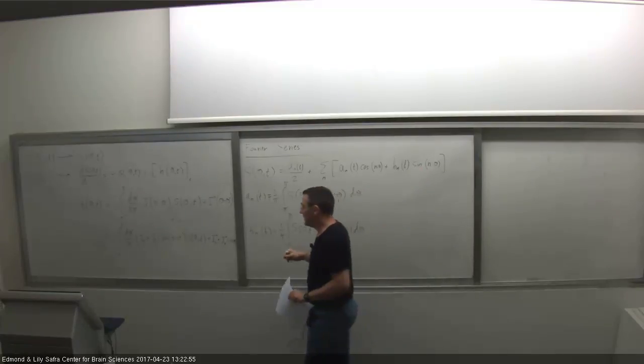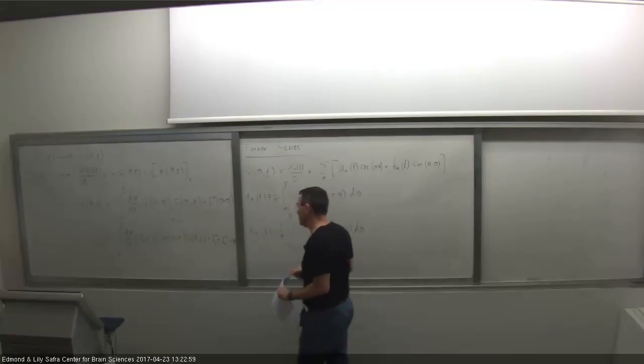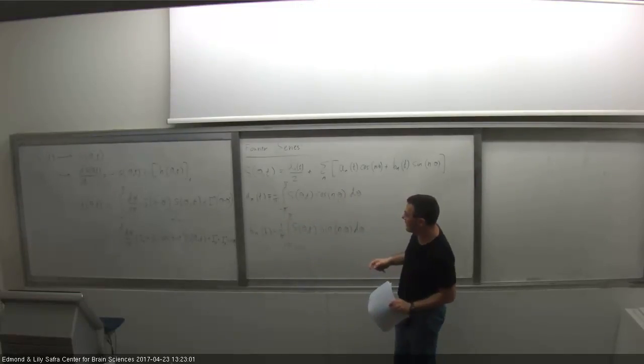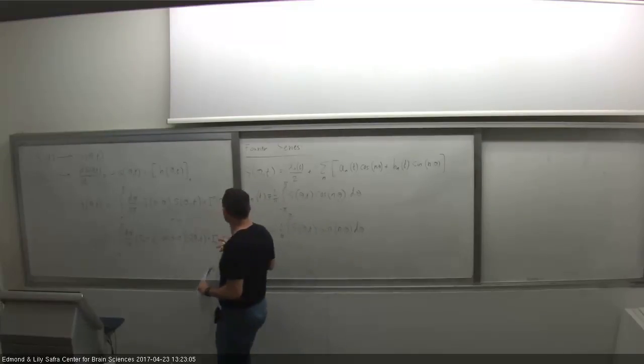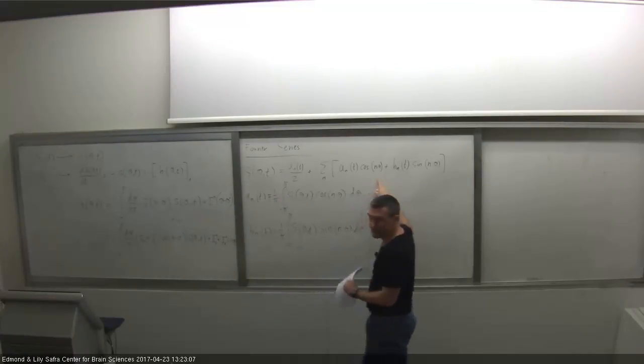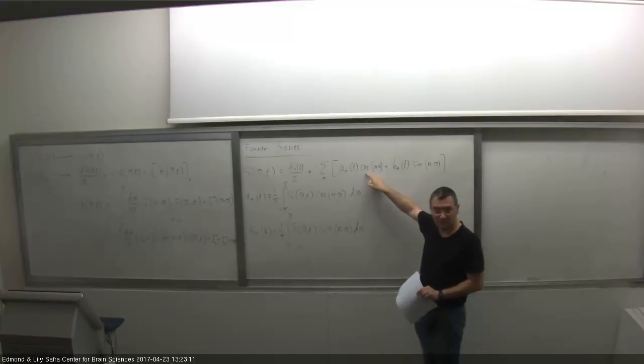Good. And then we will have this cosine term times cosine, which will give us something: the first cosine, n equal to 1, will give a contribution, and all other terms will give no contribution.